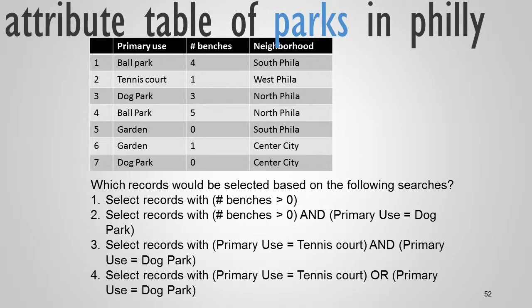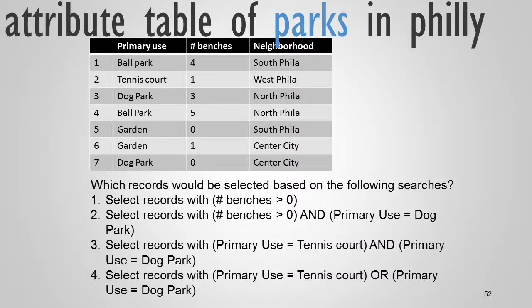The next question. We are interested in 2 kinds of primary uses of parks. We are doing some kind of a project where we are going to be doing an analysis on dog parks and tennis courts. I'm not sure what kind of project that would be, but let's just go with it. We want to get information about the records of the parks that are either tennis courts or dog parks.